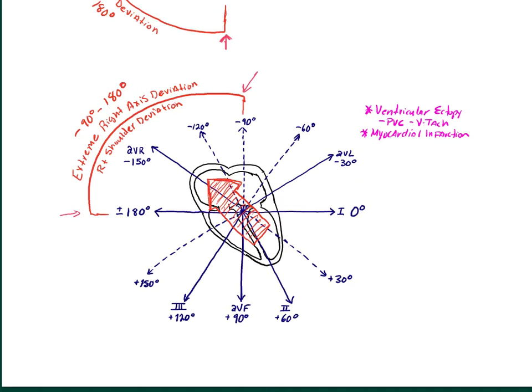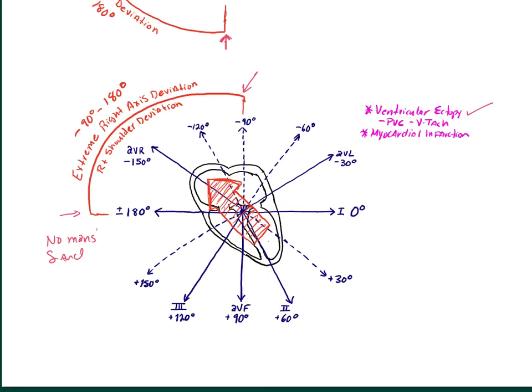This is also known as right shoulder deviation, and some people will even call it no man's land. What tends to cause this? Stuff originating from the ventricles tends to cause right shoulder axis deviation. And that makes sense, right?